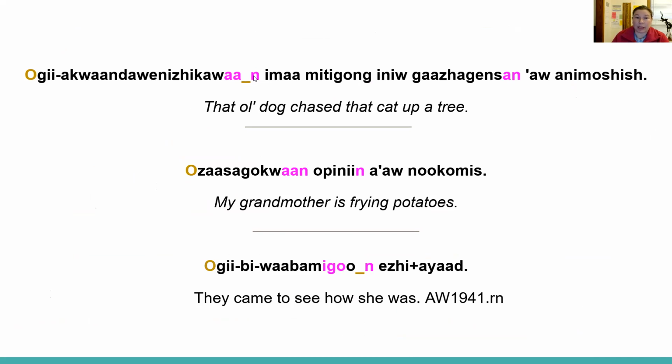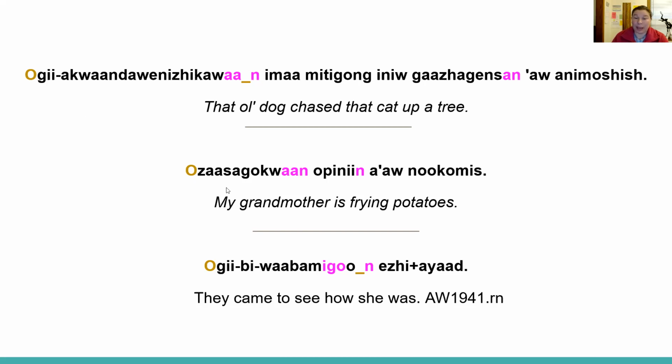And you can also see here that the fourth person has the obviate marker. So we know just by looking at it that this is the third person dog towards the fourth person cat.